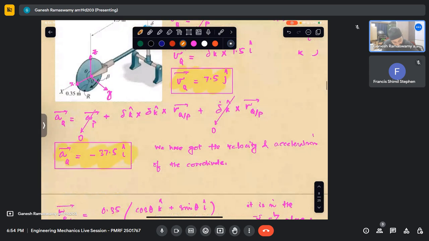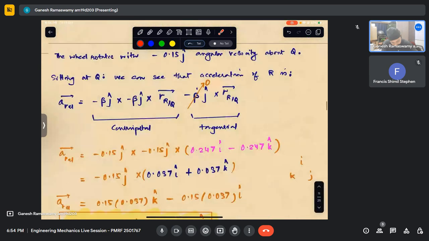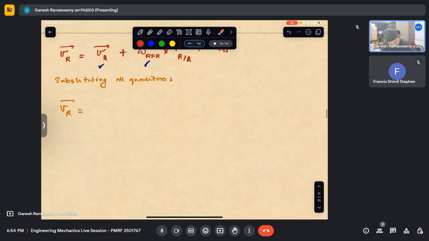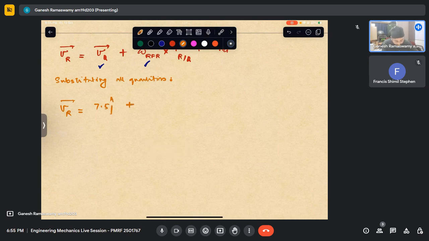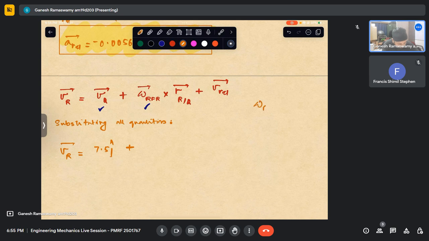It is 7.5 J cap. Then we know omega RFR is delta K. Alpha RFR is 0 because delta is not having any angular velocity, time rate of change, sorry.